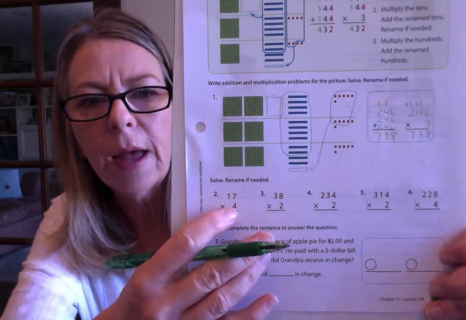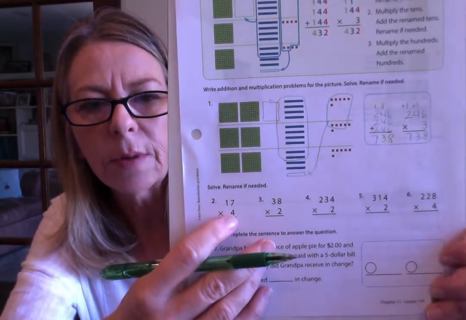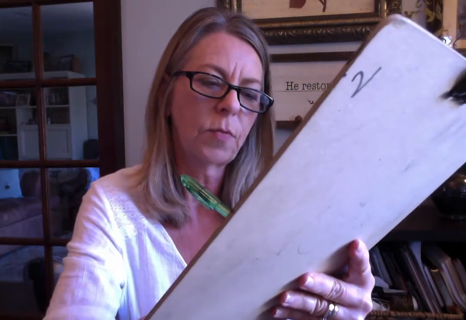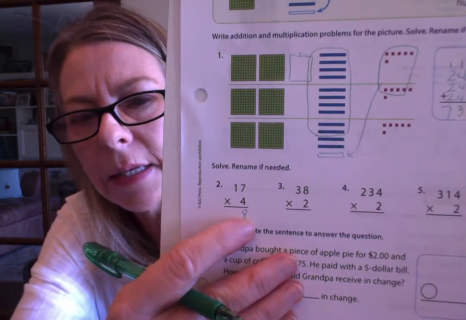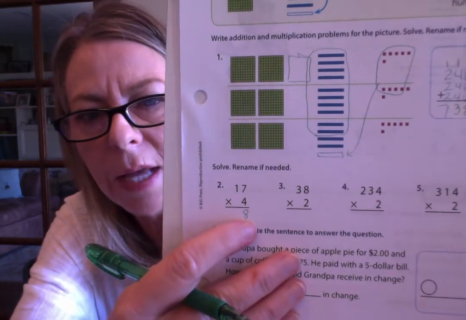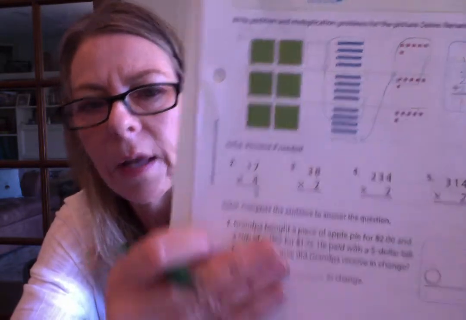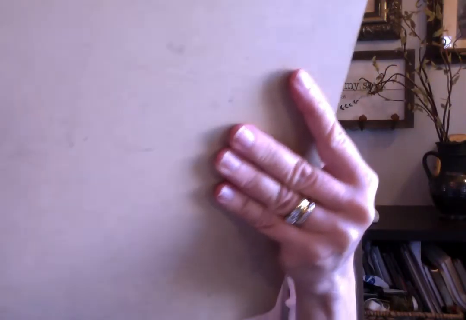Okay? So we have 4 groups of 17, 4 times 17. We're going to start with our multiplier, multiply by ones, so 4 times 7 equals 28, right? So 4 times 7 is 28. So I'm going to put my 8 in my ones place. I'm going to rename the 2 tens as 2 tens, and I'm going to add plus 2 up here in my tens. And remember, I'm putting a plus 2, so I remember to add it in after I multiply, right?